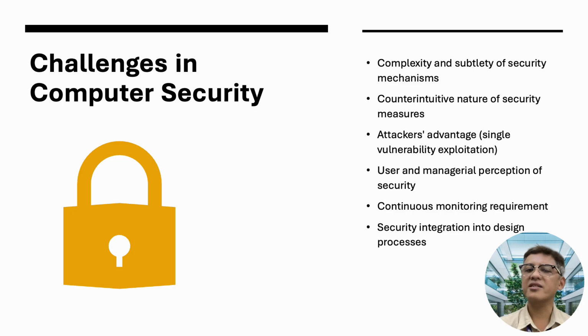Unfortunately, security is still frequently viewed as an afterthought, integrated late in the design process rather than built into the system's core architecture from the beginning. Lastly, users and even administrators can perceive robust security measures as obstacles that hinder productivity or user-friendliness, causing resistance that complicates effective security implementation.